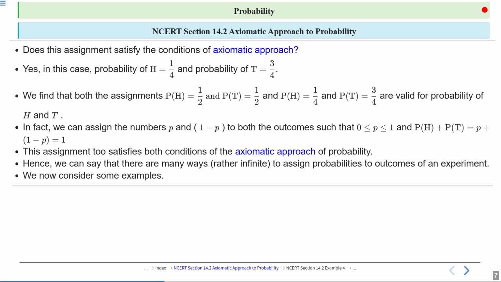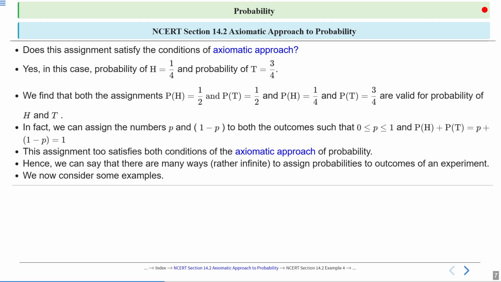Now, for clearing this concept, we will consider some examples. With the help of examples, we will try to understand this concept.